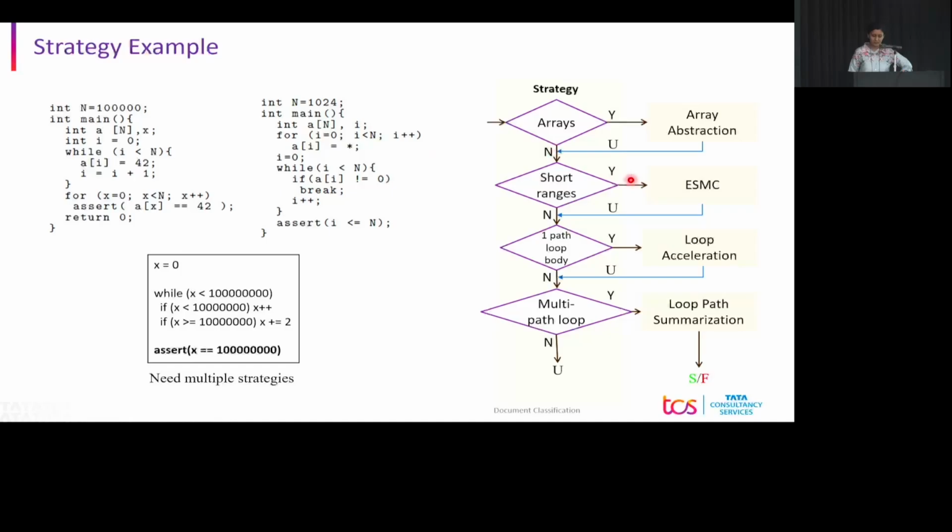But in this case, you're not sure. So you try the next technique. Is it a program with short ranges? No. Is there one path in the loop body? No. Wait. Yes. For this variable, there's exactly one path. So you try loop acceleration, and you have solved the program, this one.